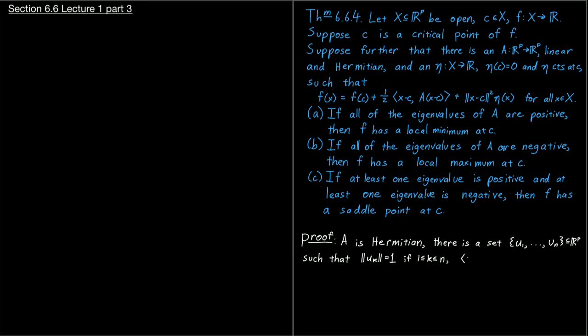Any 2 of them are orthogonal. And each of them is an eigenvector, meaning A of u_k is lambda_k u_k for some scalar lambda_k.